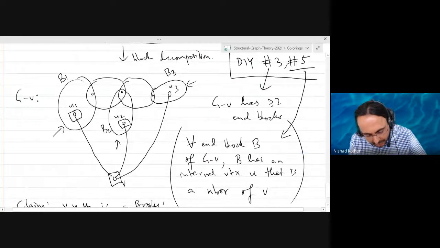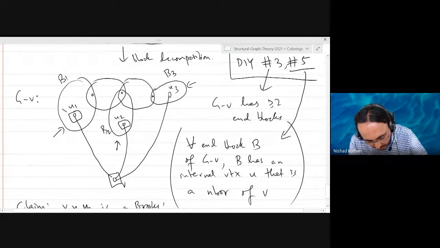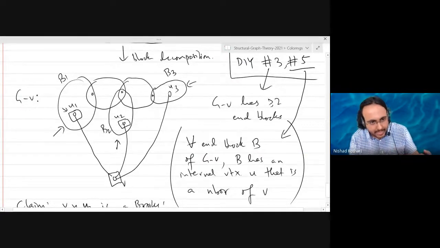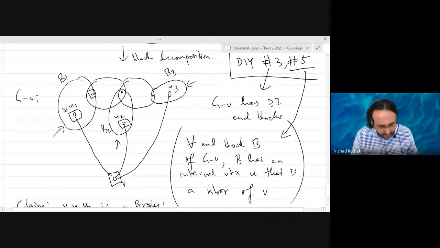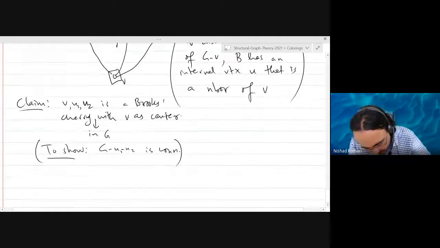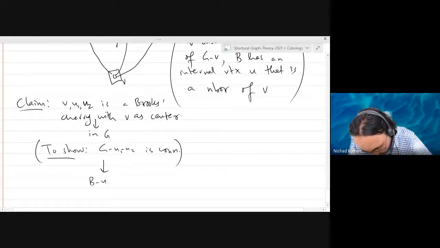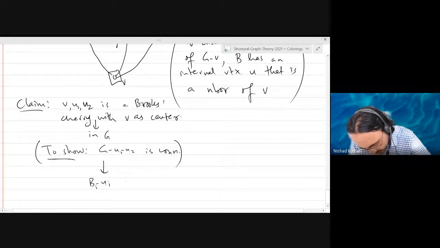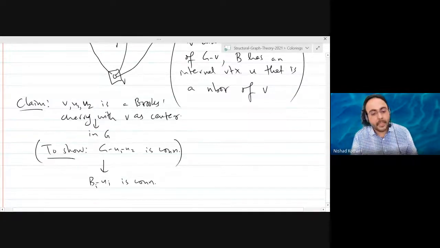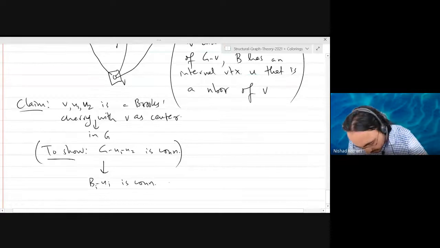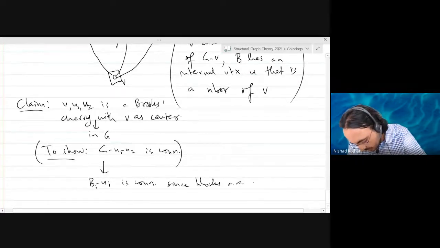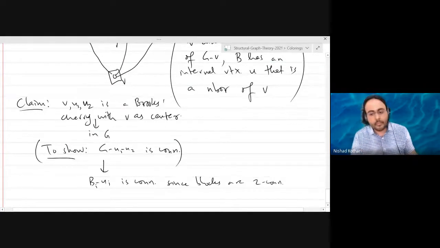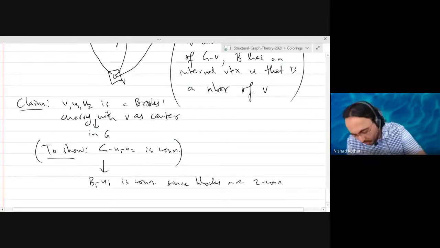What that means is you can delete U1 from the block, and this will still be connected, and it will be connected to the rest of the graph using a cut vertex. So why is this true? Bi minus Ui is connected since blocks are two connected, or K2.